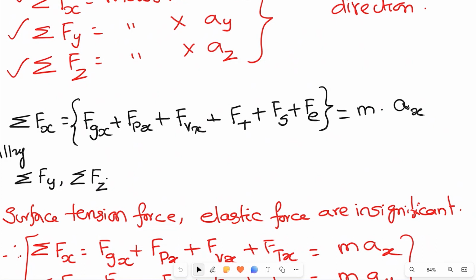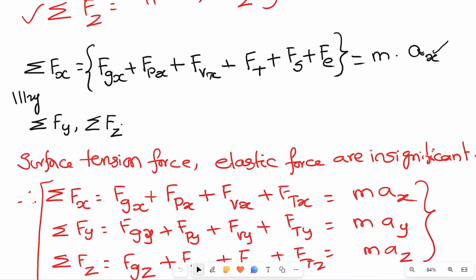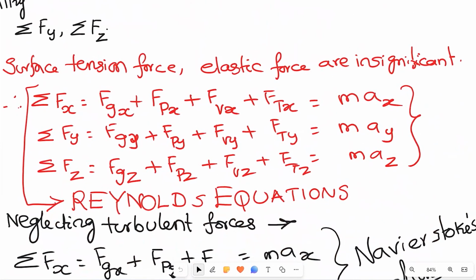Just to make you understand what the forces are, this is equal to mass into acceleration in the x direction. Similarly, you can write in the y direction and z direction. Just now I mentioned that the surface tension and elastic forces are insignificant in our fluid mechanics course. So if I consider the remaining four forces, what are they? The gravity force, pressure force, viscous force, turbulent force.